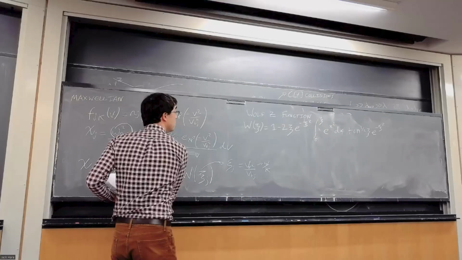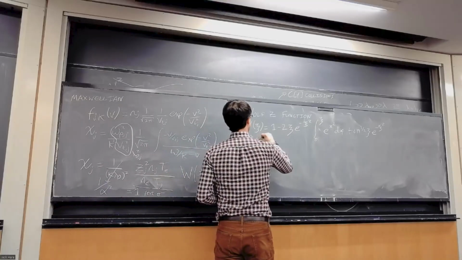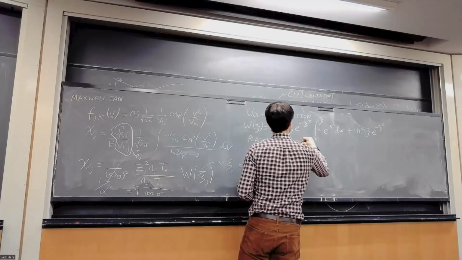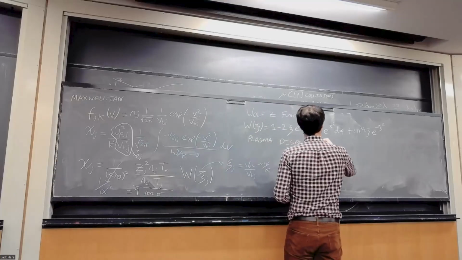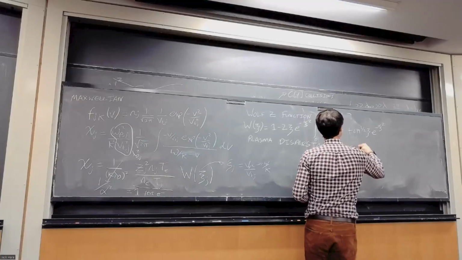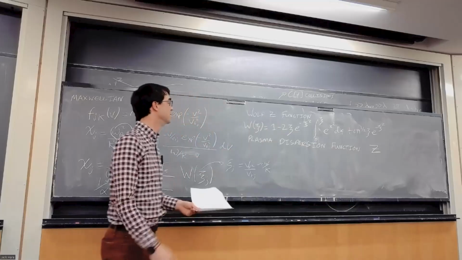And there is something called the plasma dispersion function, which I think is normally written as Z. That is related to this function here.